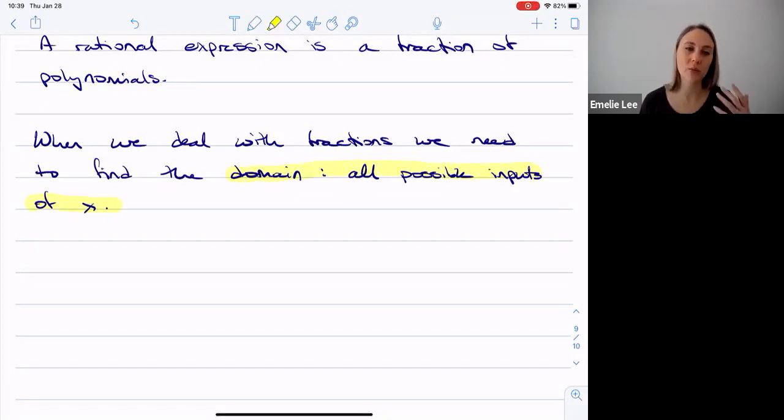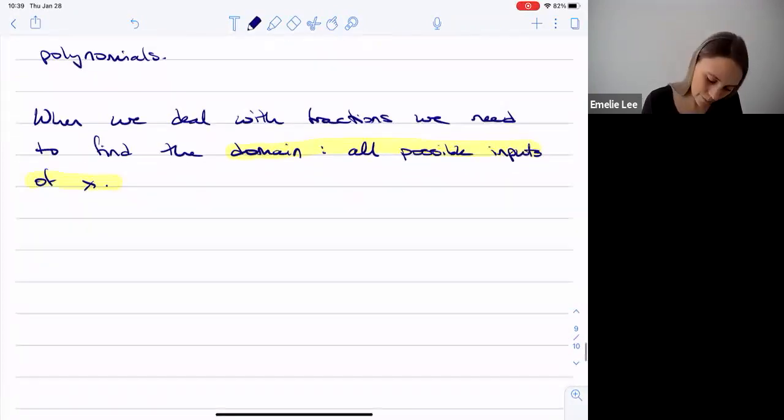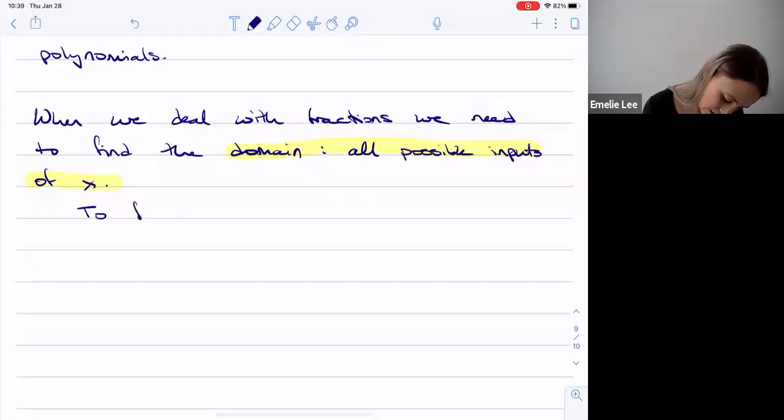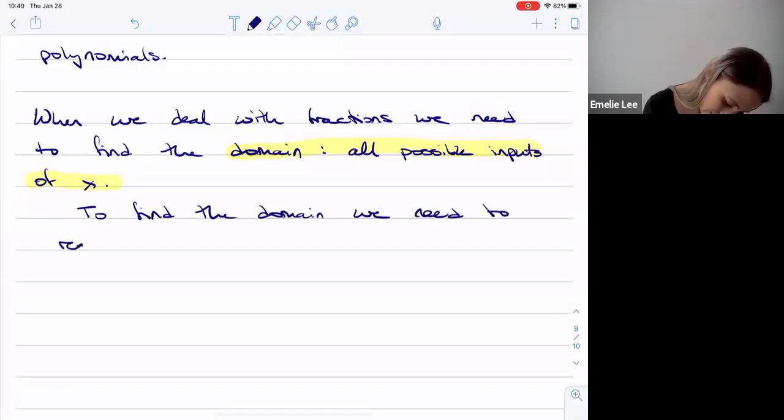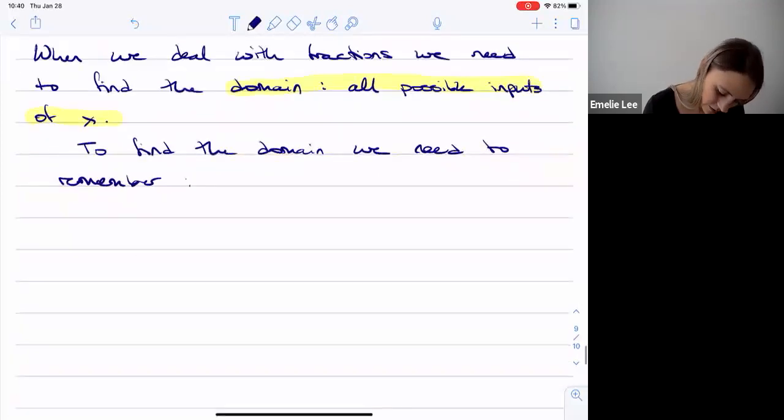So some of the things that we need to keep in mind for finding the domain are we can't divide by 0. We've already established that, right? So to find the domain, we need to remember number one, we can't divide by 0, right?